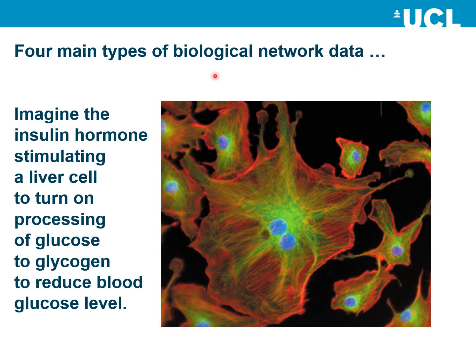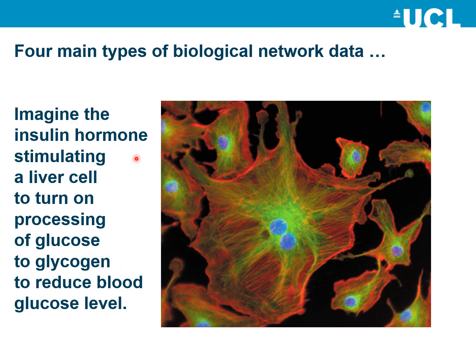So there are four main types of biological networks within cells, and I wanted to show how this works in terms of a biological process that you might be familiar with. Imagine an insulin hormone stimulating a liver cell to turn on the processing of glucose to glycogen to reduce the blood glucose level.